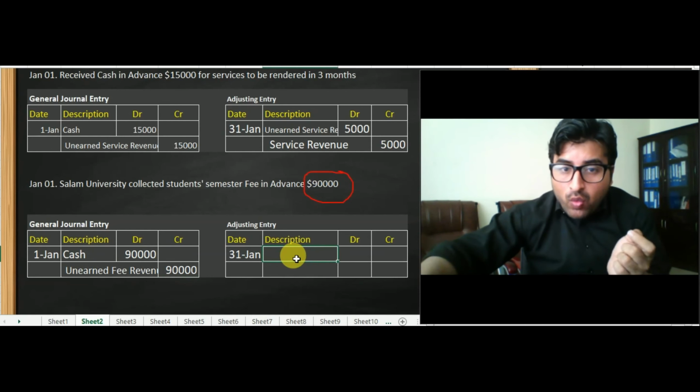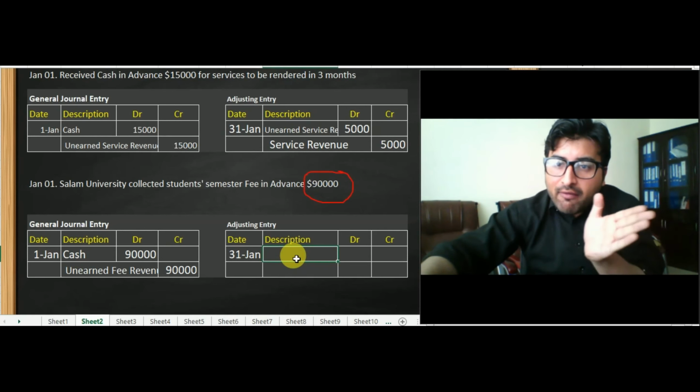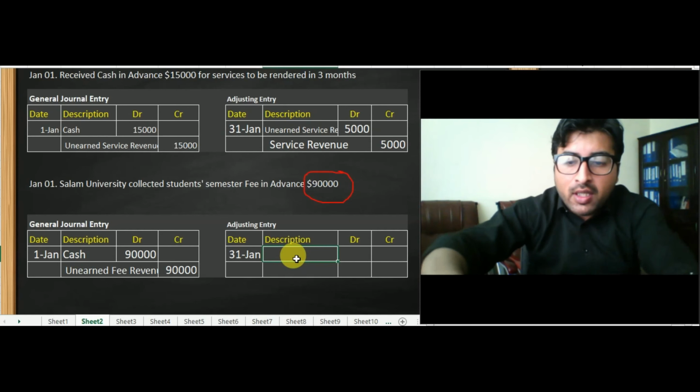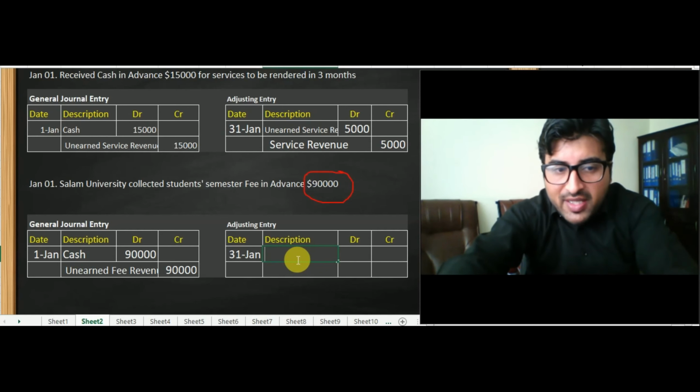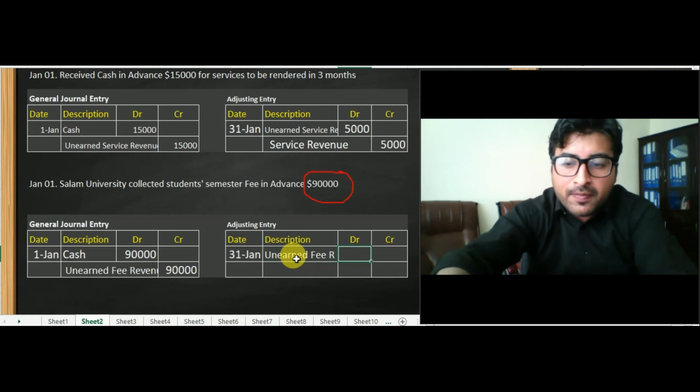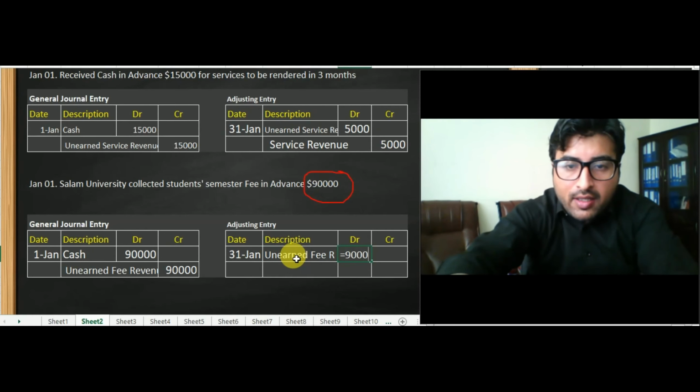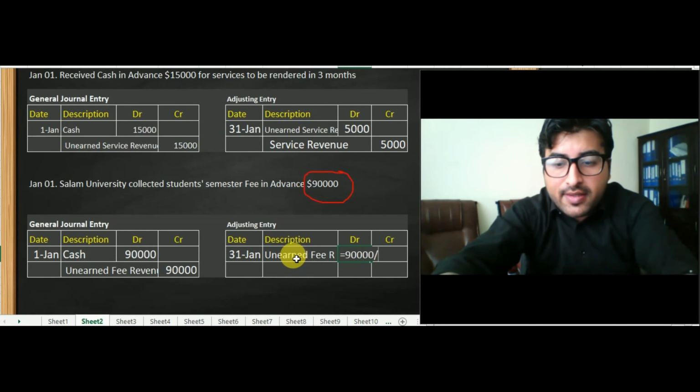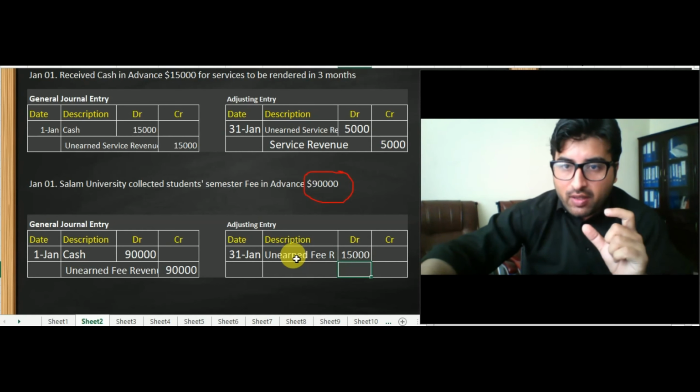But after 1 month, when Salam University is providing services for 1 month, then Salam University should think about it: in the $90,000 liabilities, how much converted into revenue? Simply, we should debit unearned fee revenue account. How much? Equal sign 90,000 divided by 6. So it's $15,000.